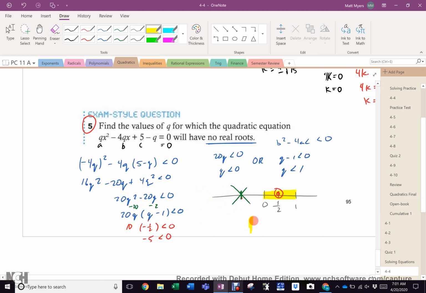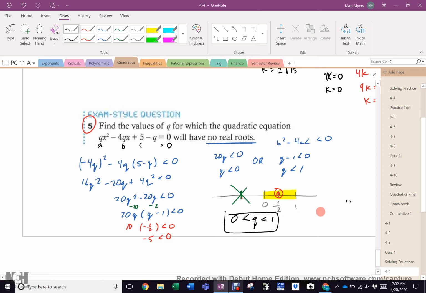So q has to be less than 1, but q has to be greater than 0. And that, ladies and gentlemen, gives me a domain, which you remember from grade 10, domains and ranges.